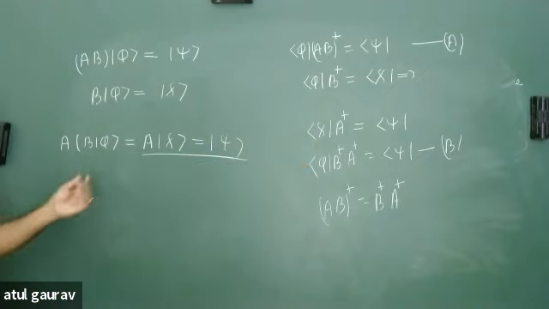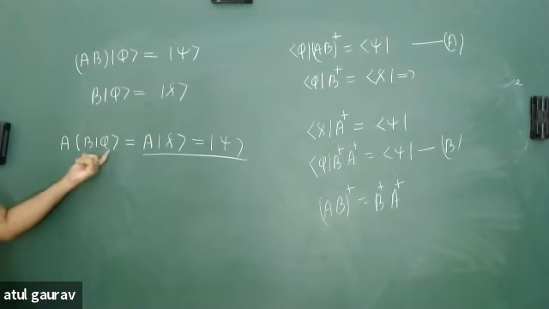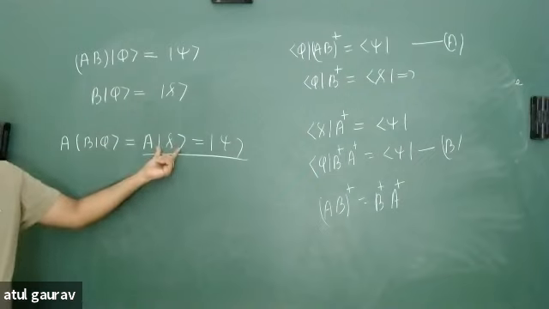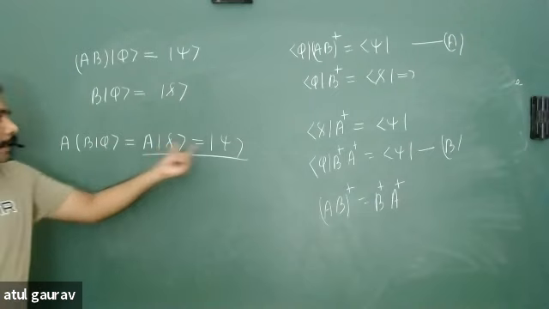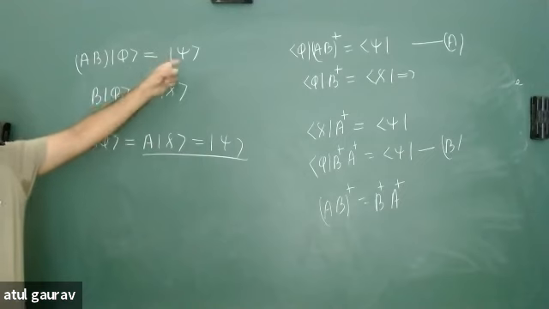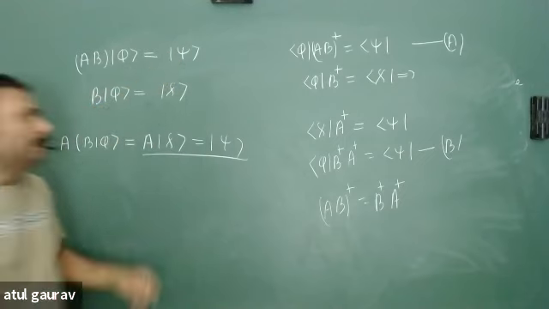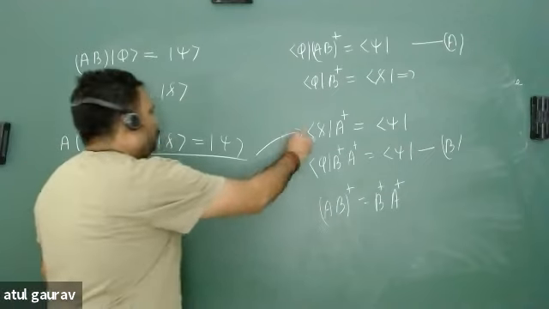Look at here first. Now A has to operate on B phi. And B phi is nothing but chi. So A will operate on chi. What will it give? It will give psi, isn't it? Yes or no? Yes sir. And then you can write it in the same fashion.